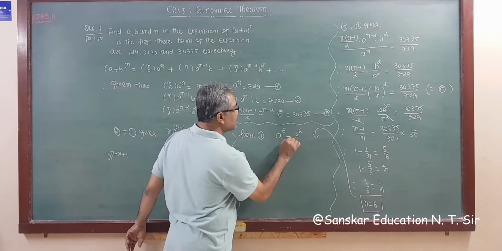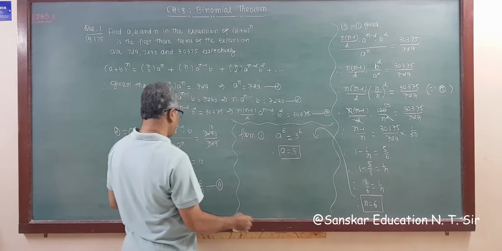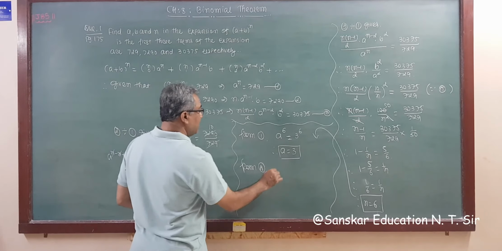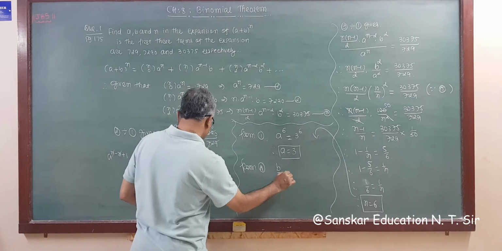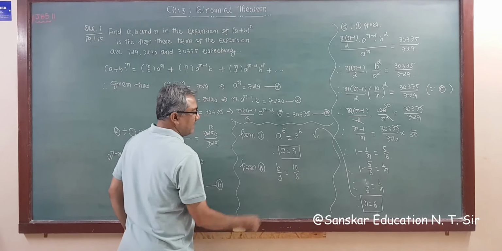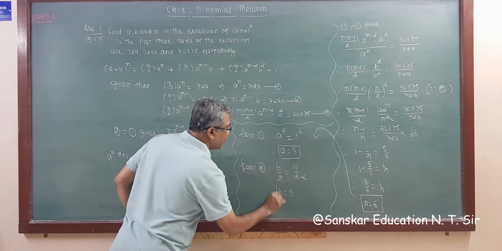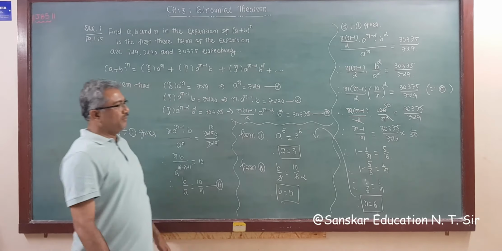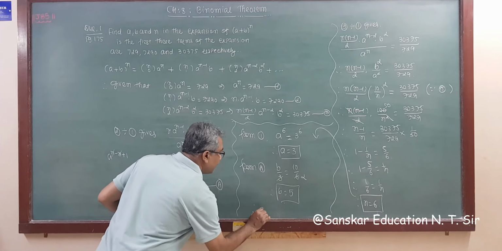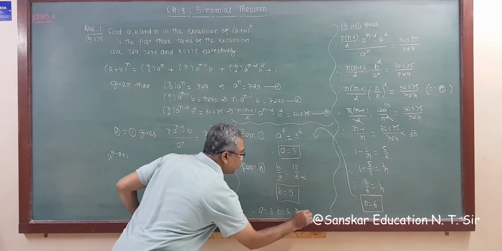So the bases are the same, so we get a is equal to 3. And from result A, b upon 3 is equal to 10 upon n, which is 6. So 6, 3, 2, therefore b is equal to 5. So these are the respective values we wanted to find out: a is equal to 3, b is equal to 5, and n is equal to 6.